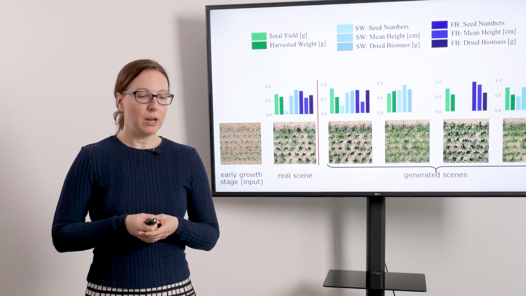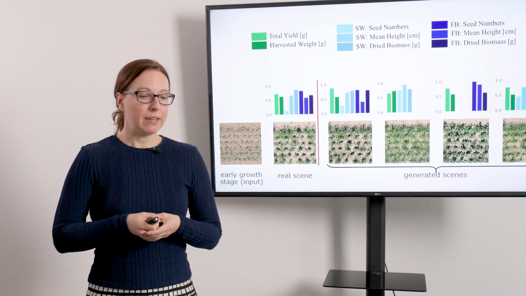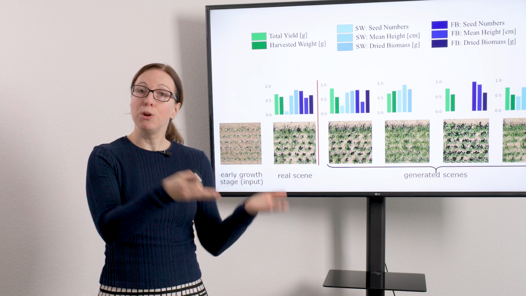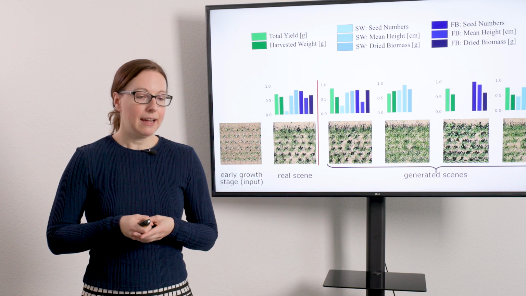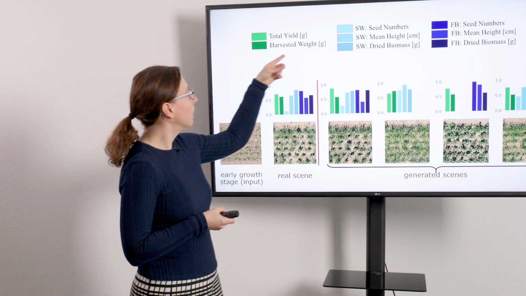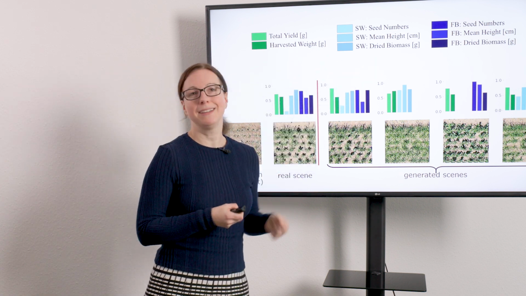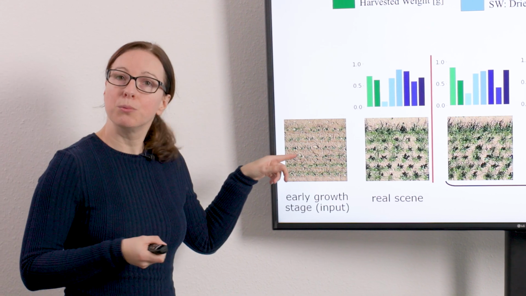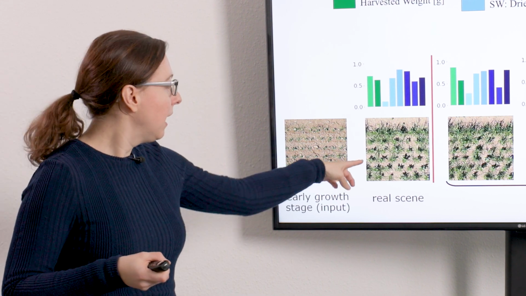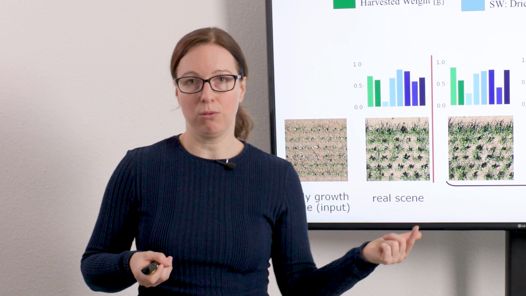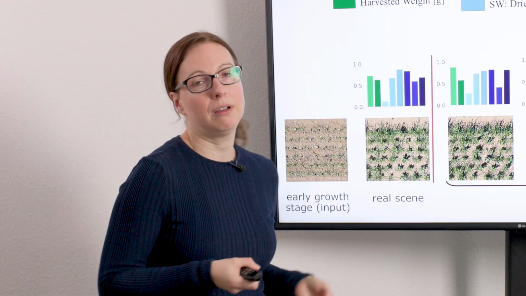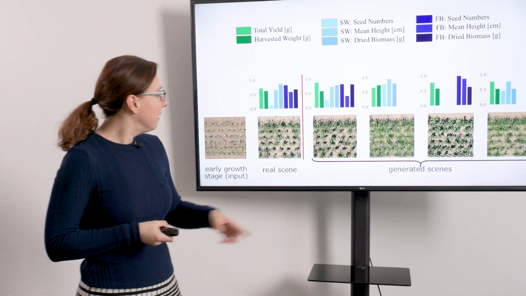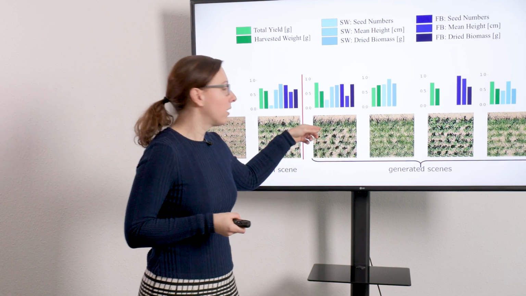And we also collected different factors of variation, which belong to these mixtures, and they are illustrated in green, in light blue, and in dark blue. On the left, you can see the input image, which is from an early growth stage. And this is the real scene from a later growth stage and the measured factors of variation. And these images are all generated images.